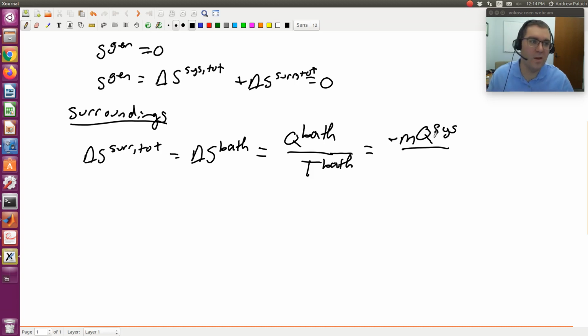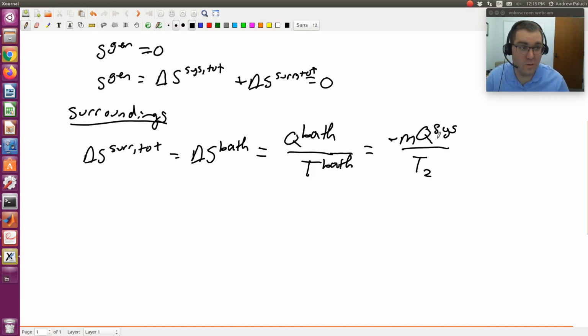Heat removed from my system equals heat gained by my bath, hence the opposite sign. So Q bath is equal to negative M times Q system. T bath, following my diagram above, I'm going to write as T2, which is that at the final state, the temperature of my brick is equivalent to the temperature of my bath, my surroundings.